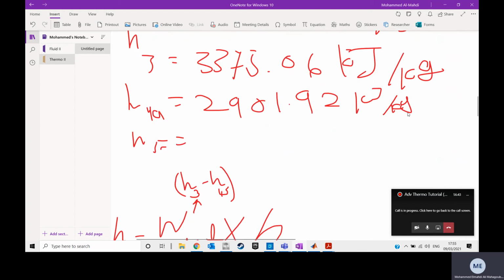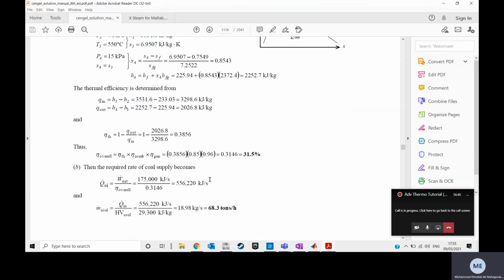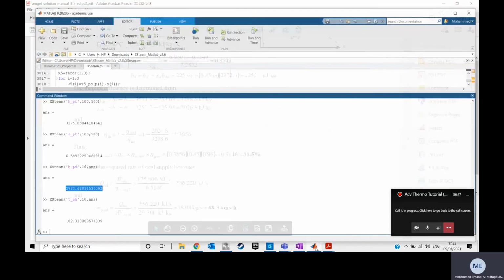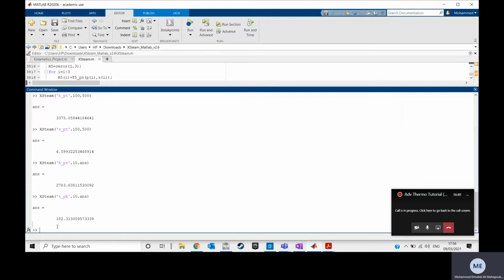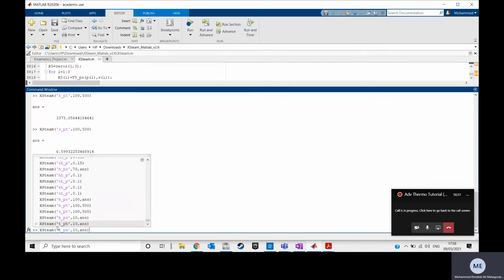And then again, as I told you, you tell it what temperature there is and what we have. So let me go back to the code, and let's do it in table A5. Go to A5 and see what value of pressure you have there, which, as we said, is 10 megapascals, which is 1000.